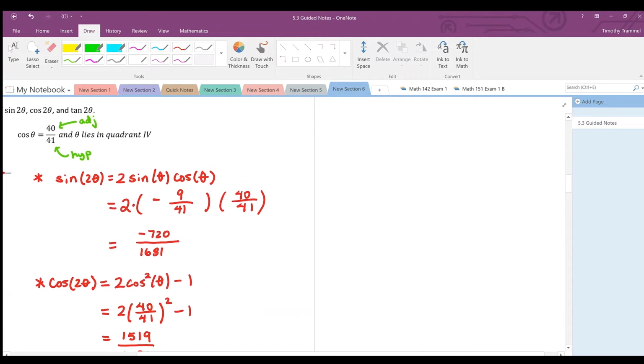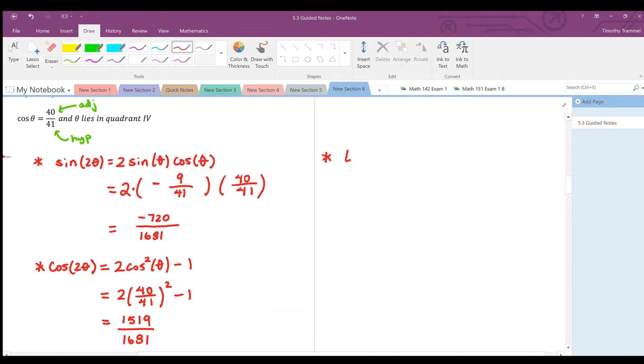Let's go over here and so we have tangent of 2 theta is equal to sine of 2 theta all over cosine of 2 theta. And sine of 2 theta we found to be this minus 720 over 1,681. And then cosine of 2 theta we found to be this 1,519 over 1,681.